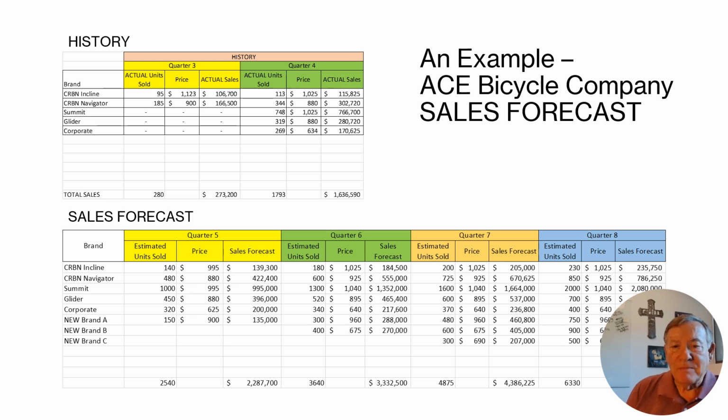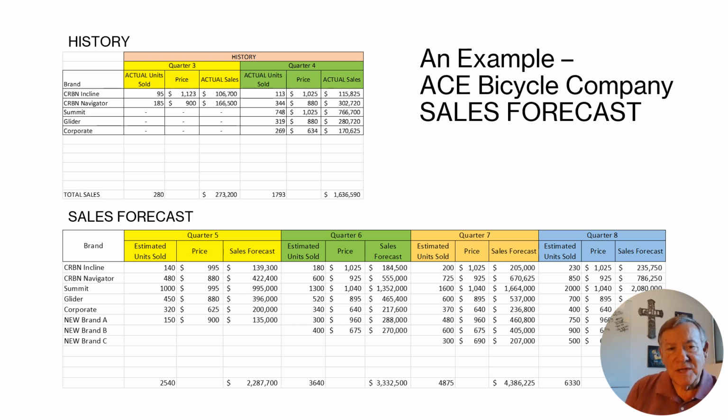Now we're going to start out by talking about the sales forecast. There's actually a companion set of slides and brief discussion of the sales forecast if you want to dig into this more deeply. But essentially, a sales forecast is nothing but a prediction of the sales that we expect in the future.